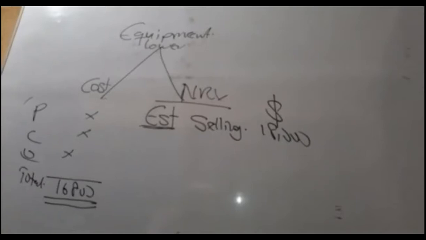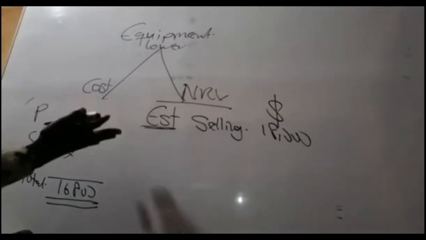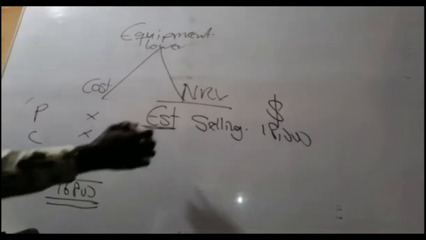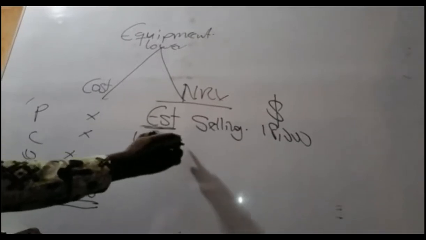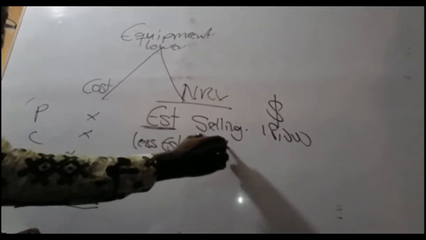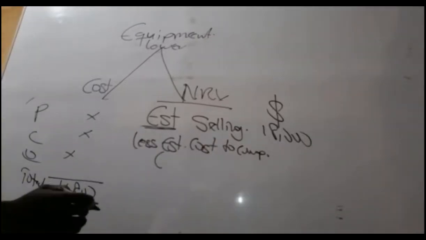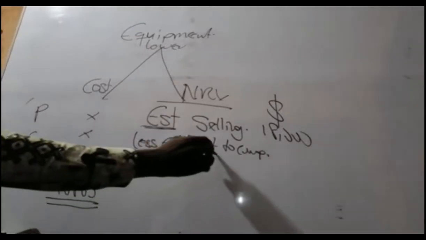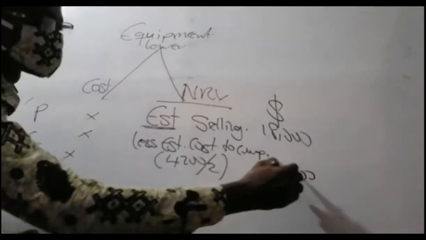So this is cost to complete. So less estimated cost to complete. In fact, I used expected, but I like estimated more than expected in the formula. So less estimated cost to complete. Therefore, I'll take my calculator and take half, divided by 2. So I get 2,100. Agreed.